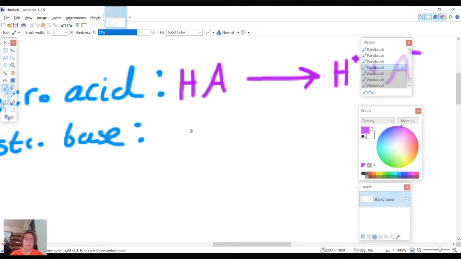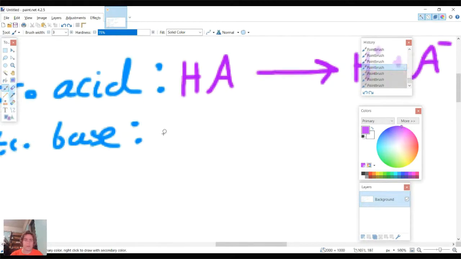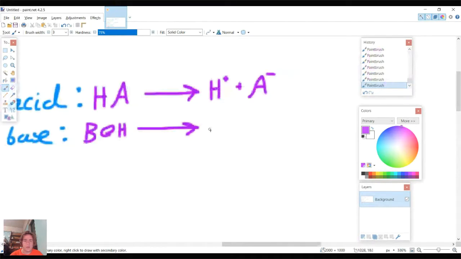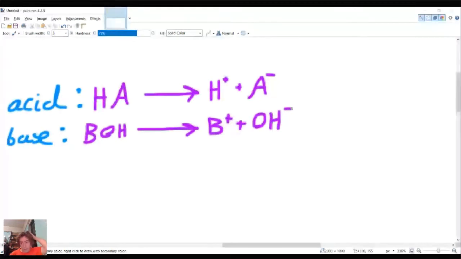Well, actually, the strong base could just be defined this way: BOH dissolves into B plus and OH minus. So that's how we're going to define that.